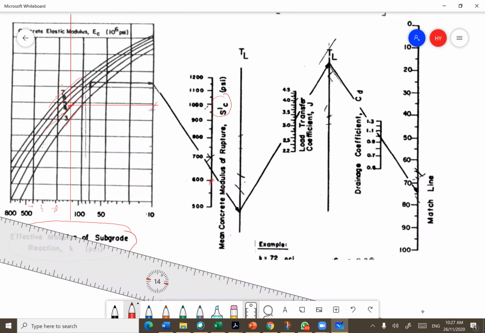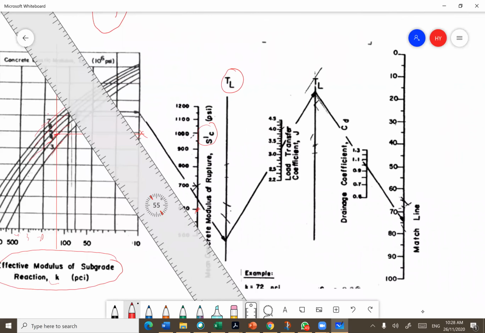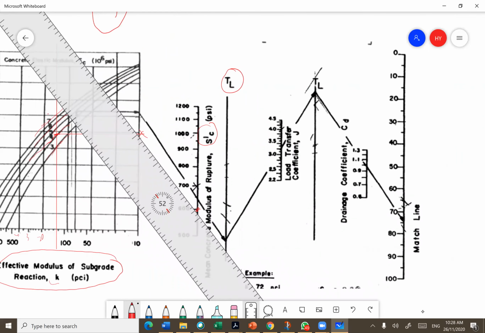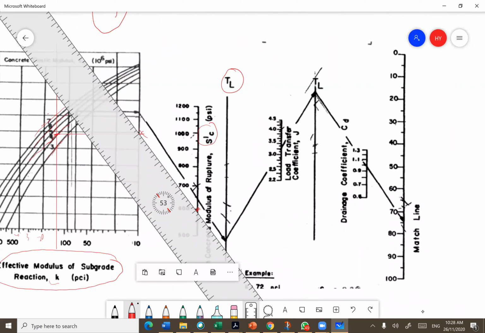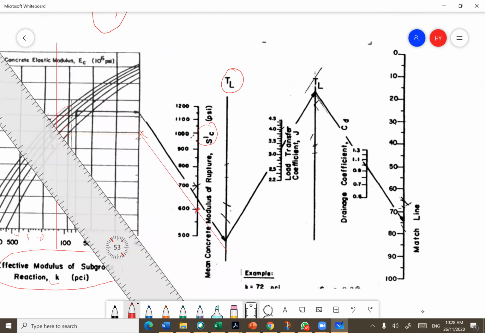From where you stopped here, you draw a line straight to the 600 and extend the line straight to the turning line here. Right, mine may not be accurate.